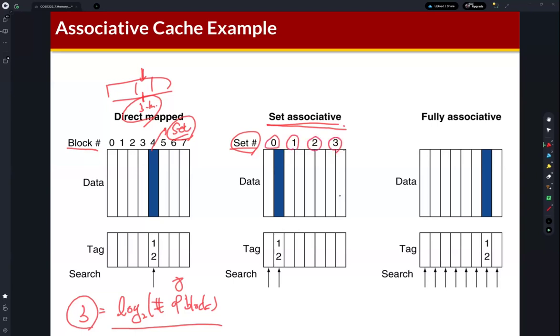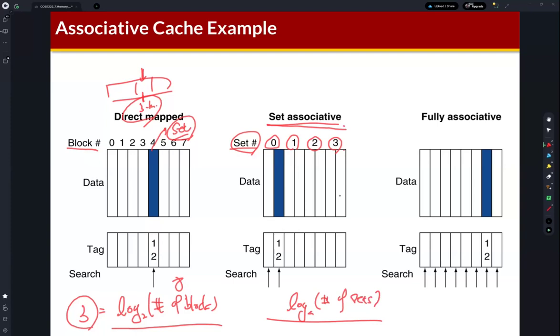In a set associative cache, a single set can include multiple blocks. There are 4 sets. In a set associative cache, the number of bits in the index field is determined by the number of sets in the cache, log2 of the number of sets.